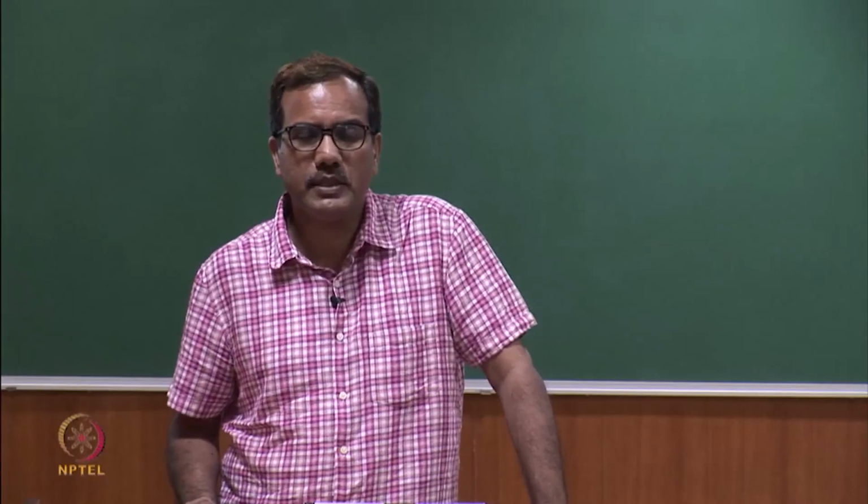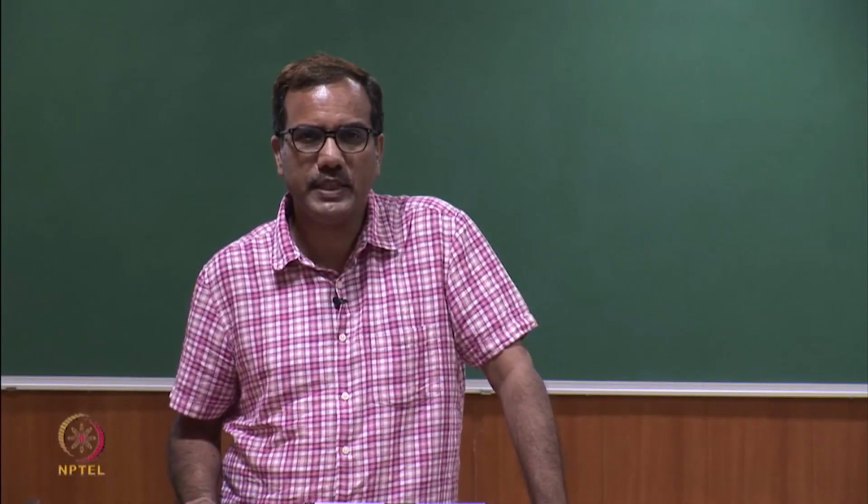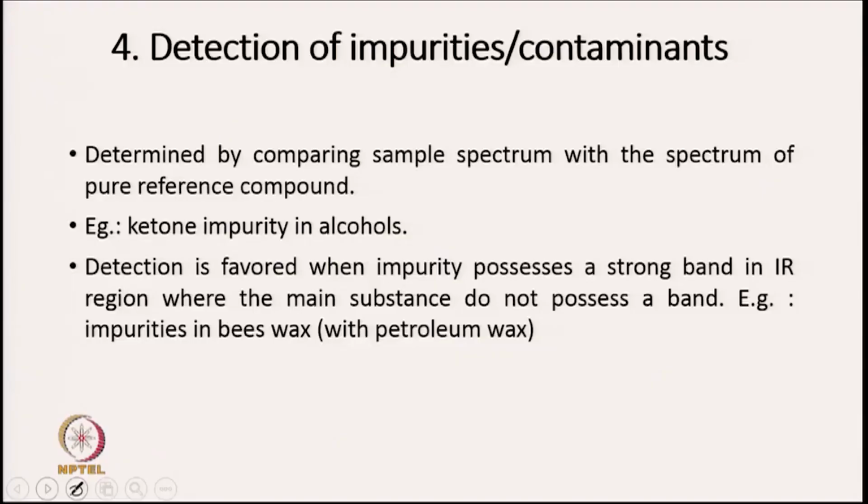Apart from these three, we can also detect impurities and contaminants, and this is very important particularly for looking at the quality of the sample. Generally, what we do is compare the sample spectrum with the spectrum of a pure reference compound, and by that we can know whether there is impurity or not.